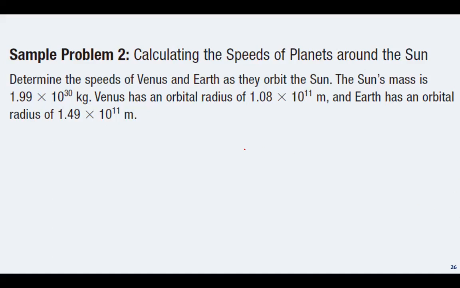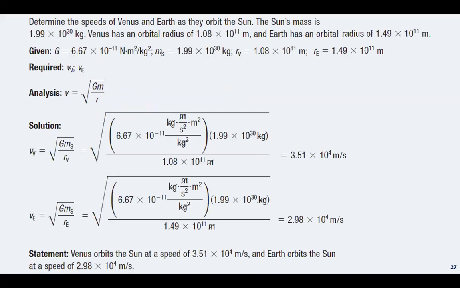All right, let's have a look at the solution. This question is pretty straightforward, right? So first of all, we can find the speed of Venus, which is denoted by v_V, which equals the square root of uppercase G times M_S, which is the mass of the sun, over the orbiting radius of Venus.